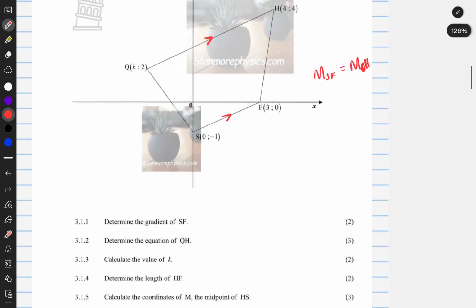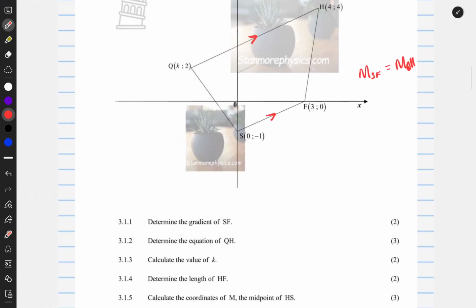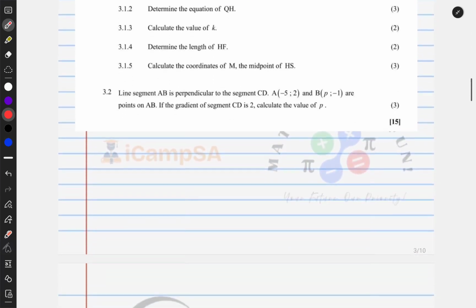So for 3.1.1, we are asked to determine the gradient of SF, and we are given the coordinates of S and F. In order to determine the gradient, it is the difference of the height over the run. So the gradient of SF is y2 minus y1 over x2 minus x1.